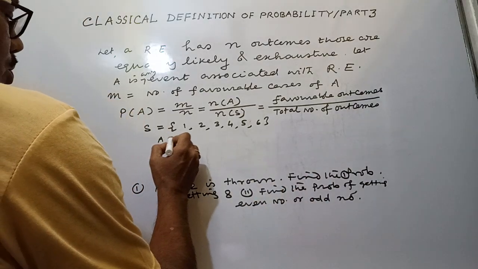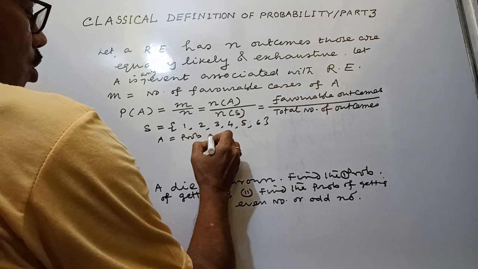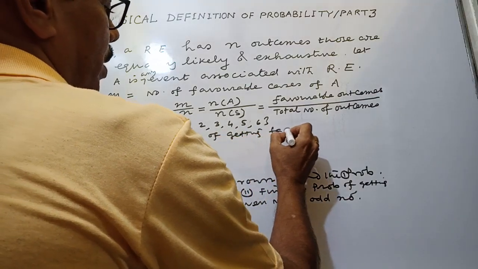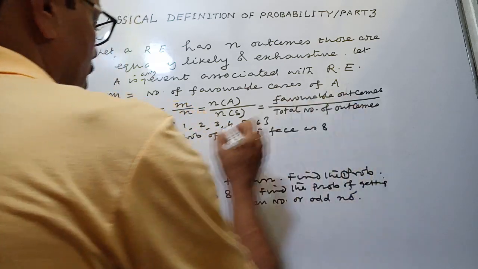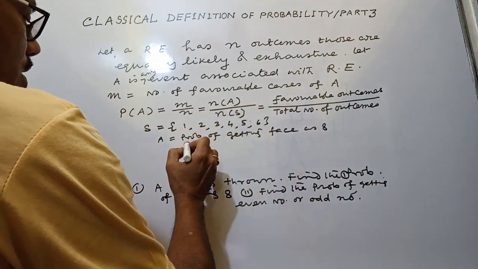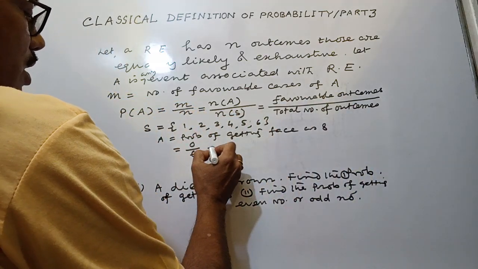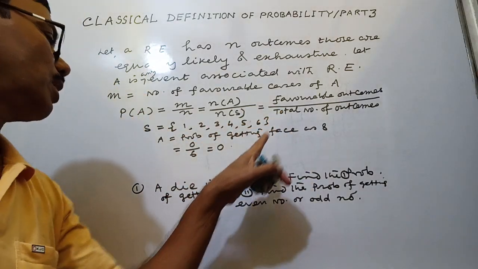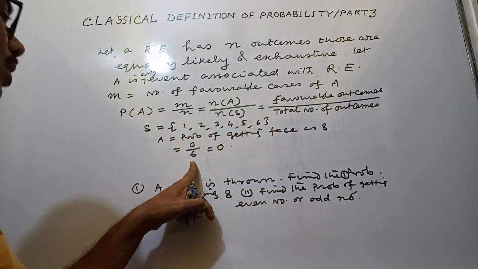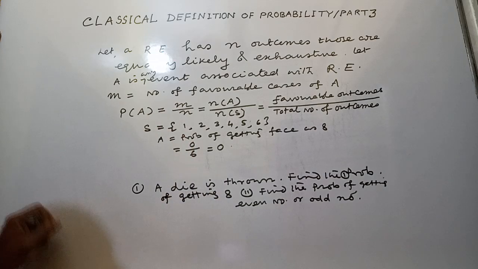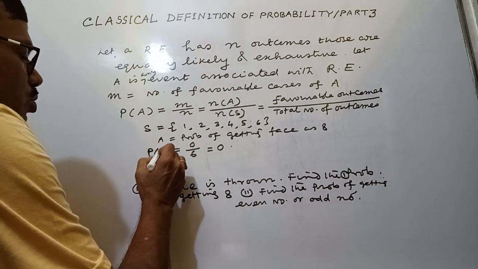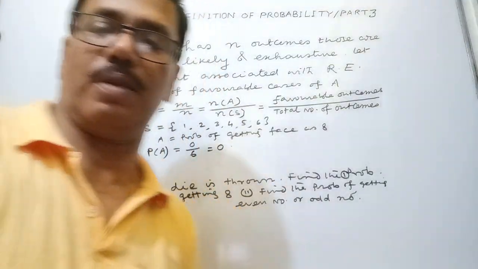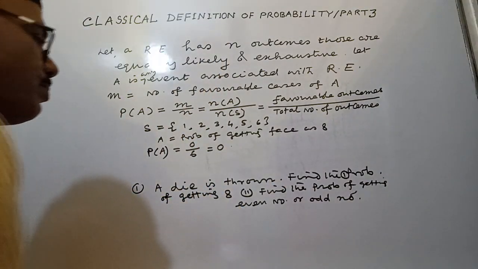A equals the event of getting face 8. Look, there is no 8, so 0 by 6 equals 0. No favorable cases, and total number of cases equals 6. So here P(A) equals 0. So A is called an impossible event.